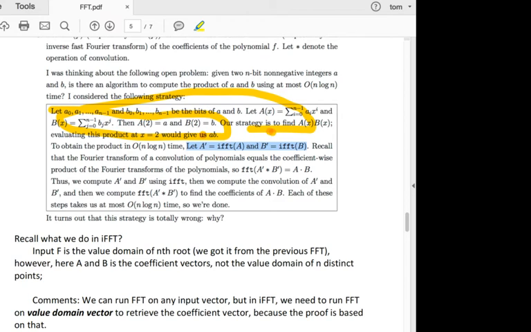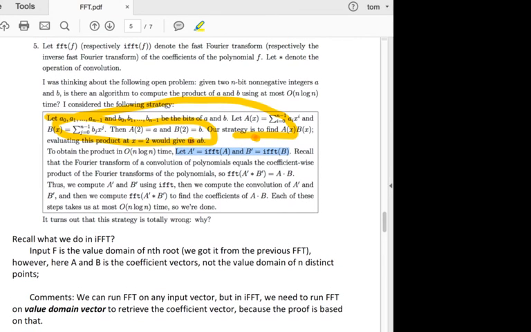The confusion might be due to the definition as bits. Yes, it's a bit of A. And in the strategy, the number is regarded as a polynomial. And what is the coefficient of the polynomial? The coefficients of the polynomial are exactly the bits of the number.